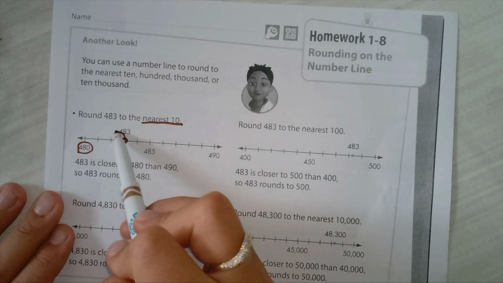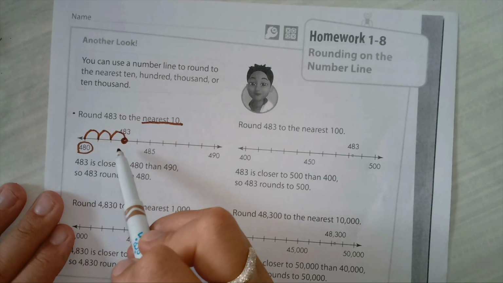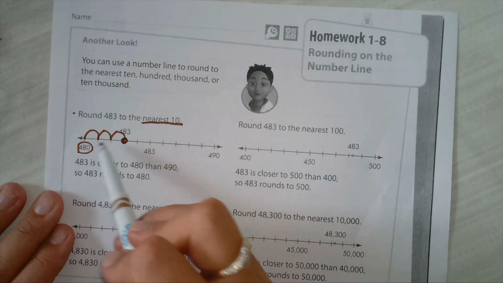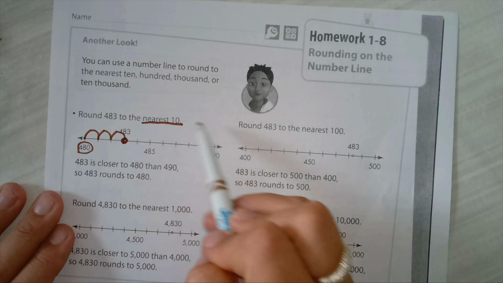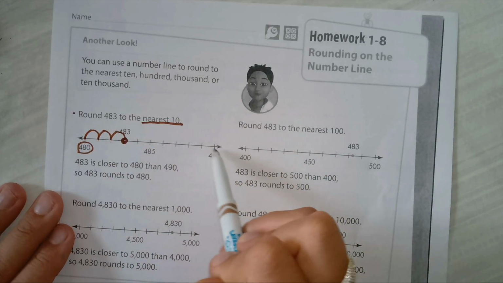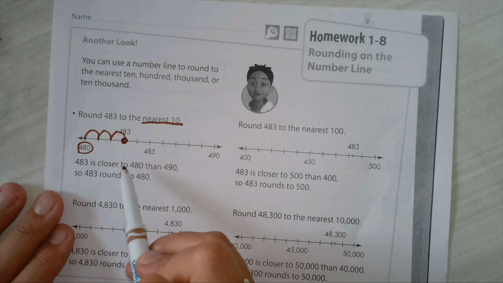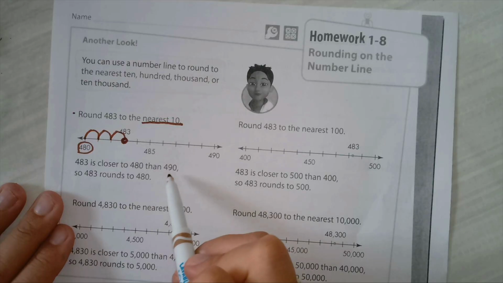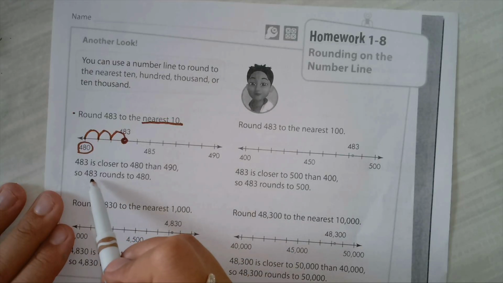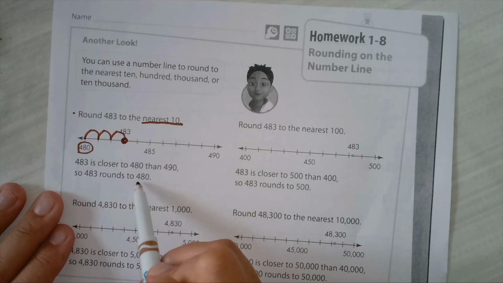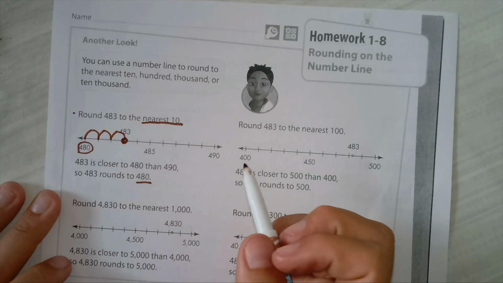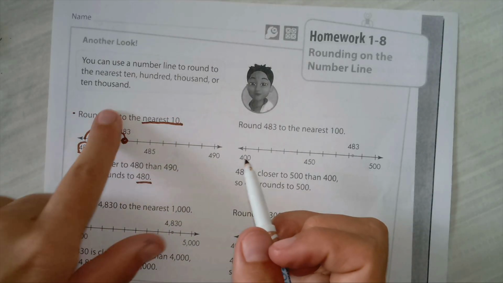It only takes us 1, 2, 3 jumps, and he's only going to go the shortest distance. He's lazy. He's not going to go this whole distance to the next 10 over here. So yes, 483 is closer to 480 than 490. So 483 would round to 480. This is our first example.